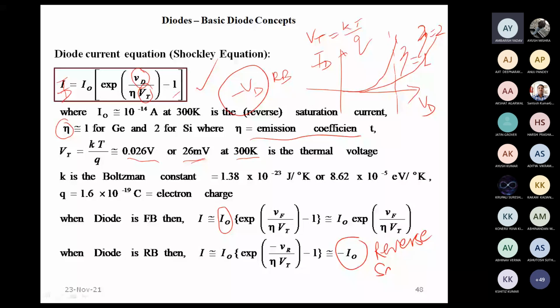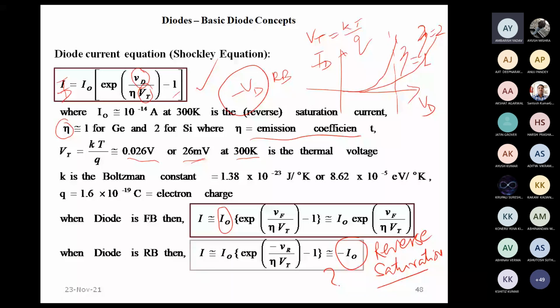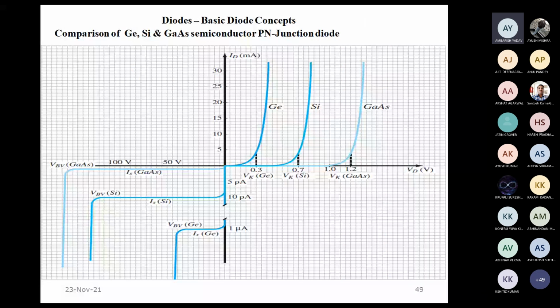Let us try to understand qualitatively what is happening in reverse saturation, and why it is there.